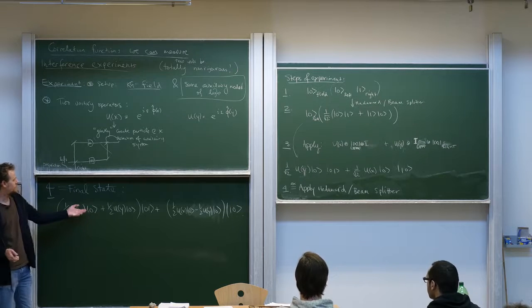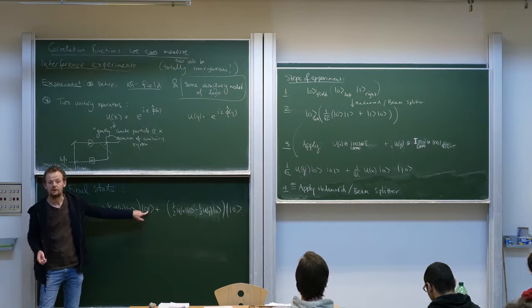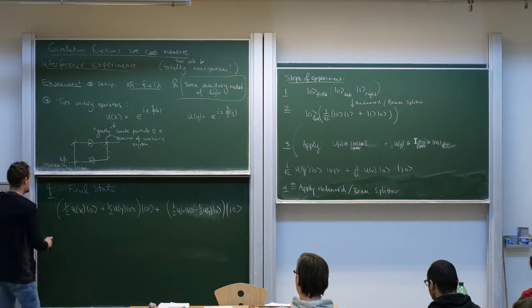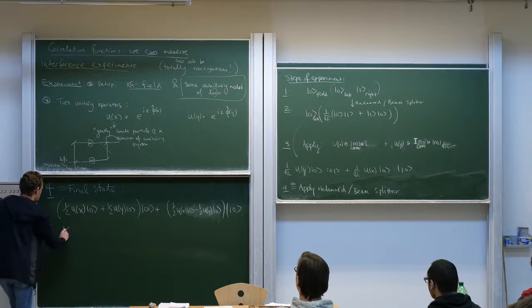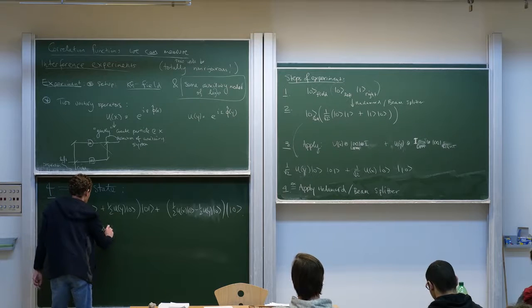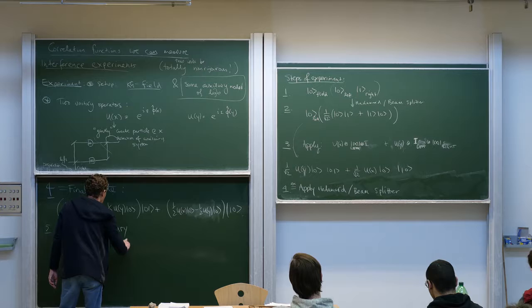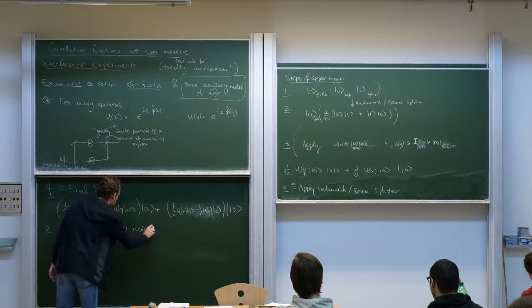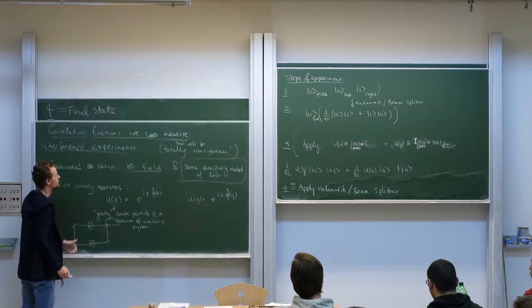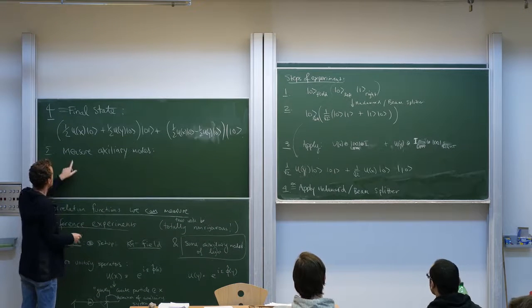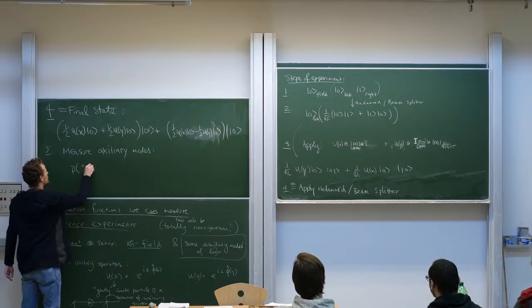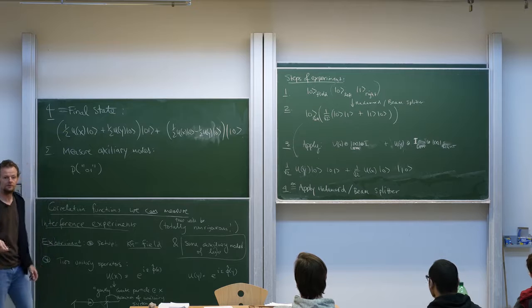And then you can ask, what's the probability that I detect 0, 1 on the output of this beam splitter here? So we measure the auxiliary modes, and the probability that we get outcome 0, 1 on the auxiliary modes.